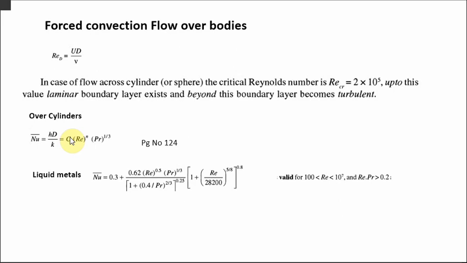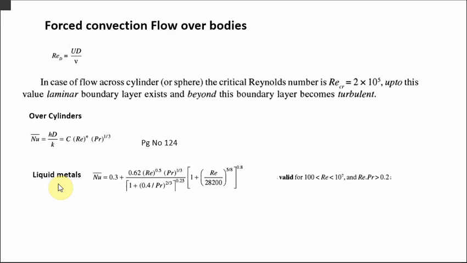There you can see some constants c and n. The values of c and n can be obtained from the table given there itself, based on the calculated Reynolds number. This is for normal fluids including air, water, etc.